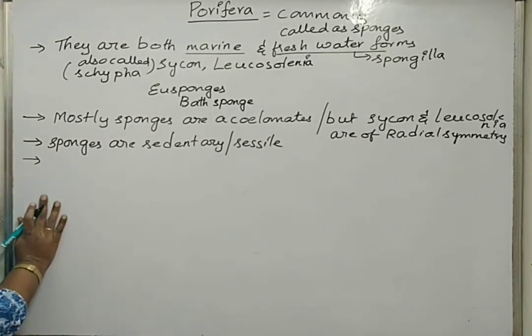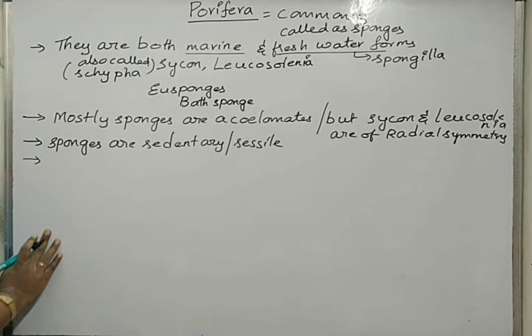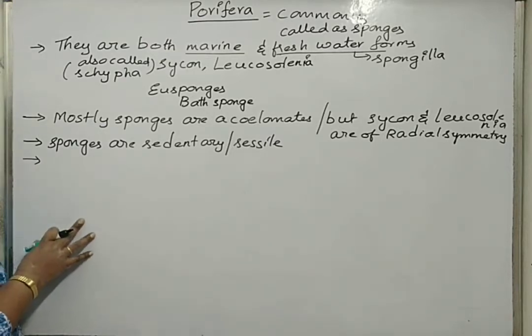Sponges are considered primitive multicellular animals with a body plan of cellular level of organization.